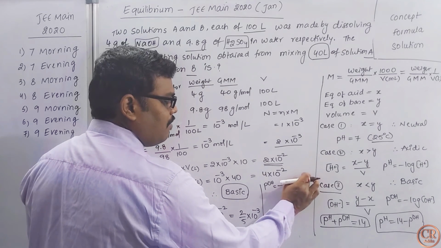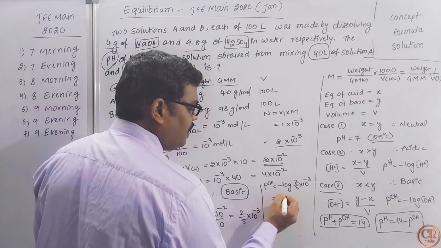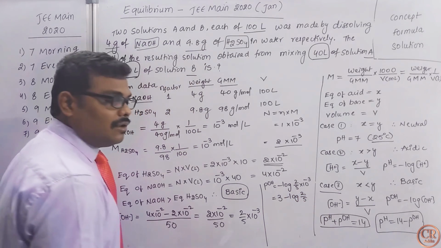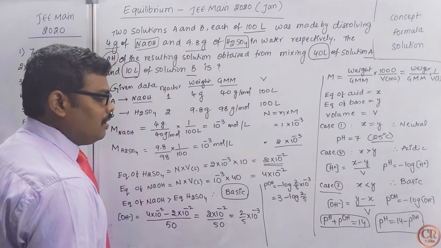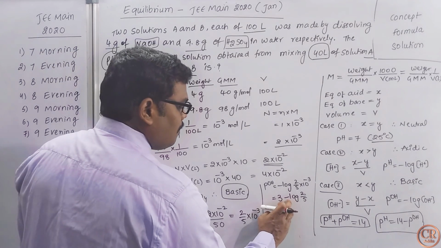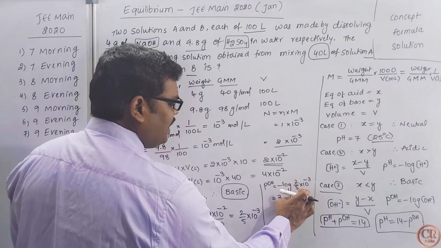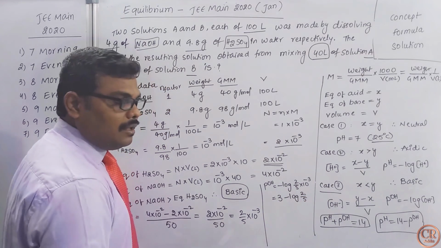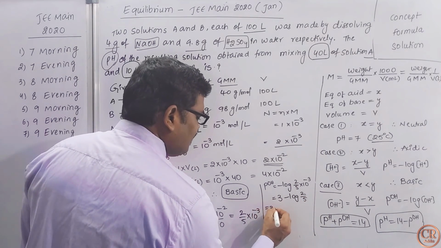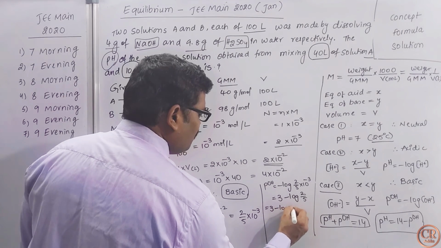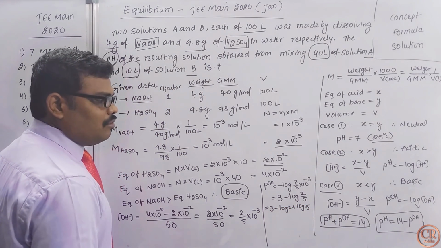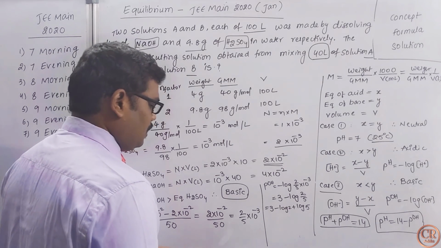Minus log 10 power minus 3 is nothing but 3, minus log 2 by 5. Now here, minus log 2 by 5, it is A by B, so you can write it as log A minus log B. Then what do we get directly here? 3 minus log 2 plus log 5.